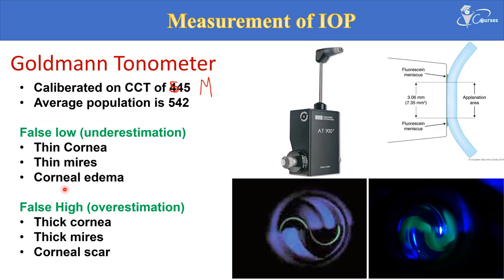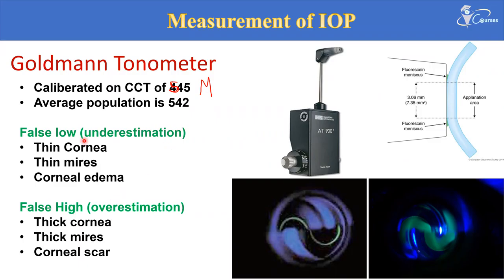It is softening of the cornea and becoming like a sponge, so that the slightest pressure on this cornea will result in measurement of an underestimated value of the pressure inside the eye. So corneal edema is causing false low or underestimation.